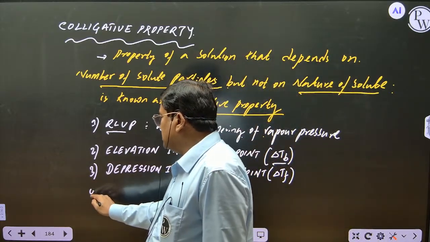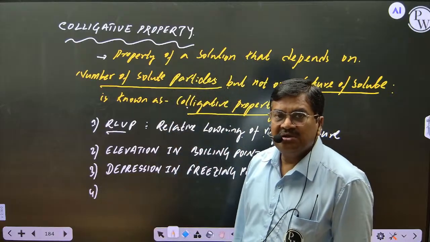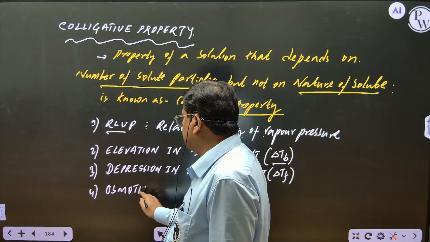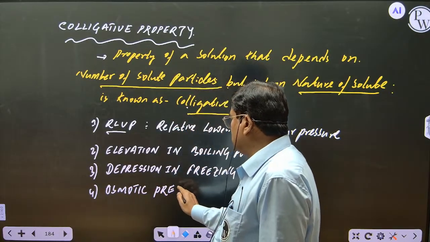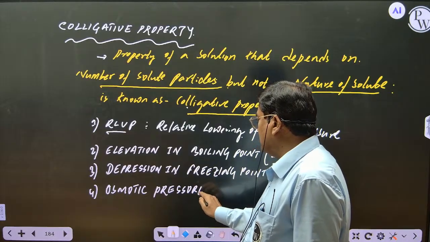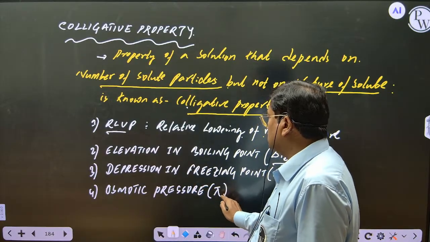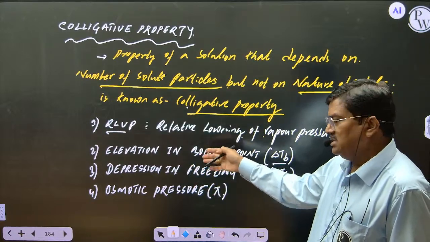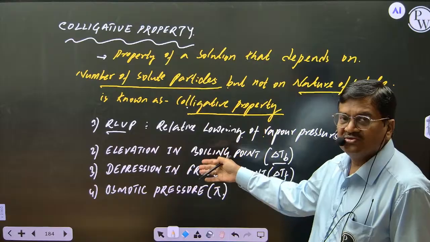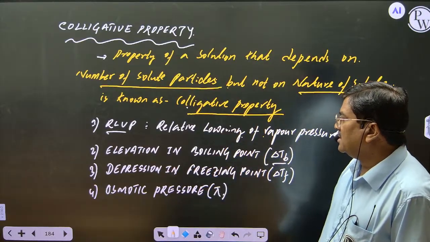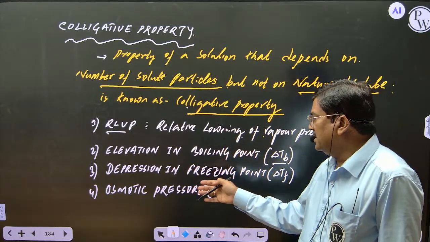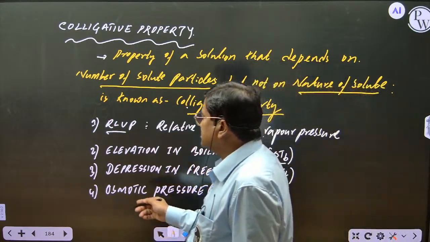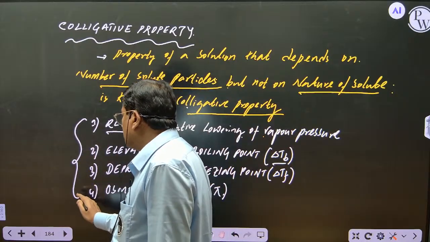The last colligative property is osmotic pressure, shown with the symbol pi. So these are the 4 colligative properties, very important from the NEET point of view as well as JEE. They ask questions from relative lowering of vapor pressure, elevation in boiling point, depression in freezing point, and osmotic pressure. Copy all these. Now we will discuss these four colligative properties one by one.